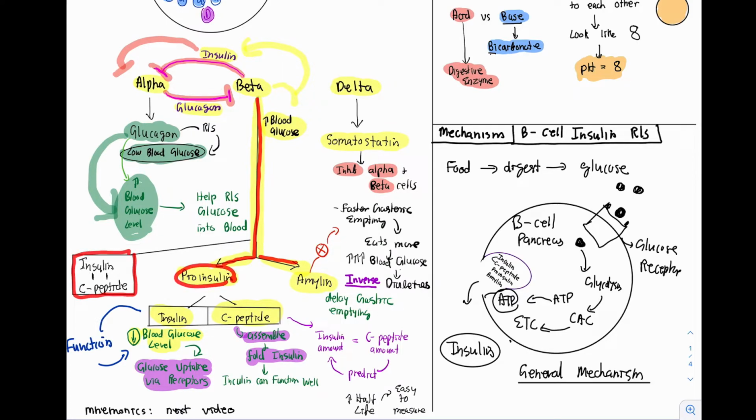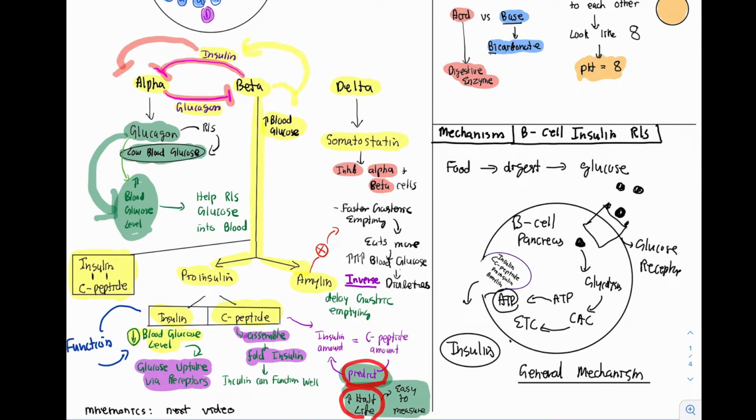Now let's talk about the function of the C-peptide. One of its functions, in addition to making sure that the insulin is healthy, is that we can use the C-peptide to predict the amount of insulin, because C-peptide has a higher half-life compared to the insulin.